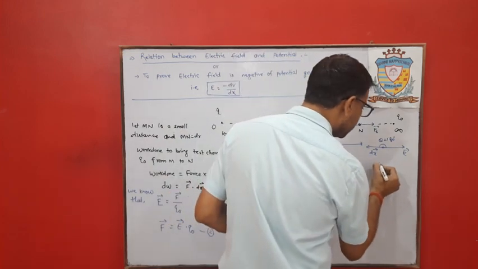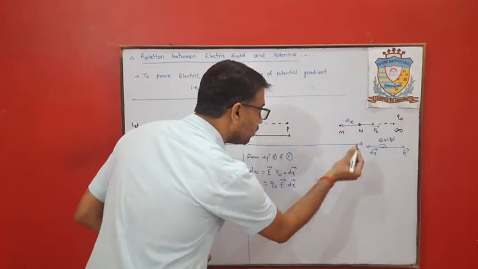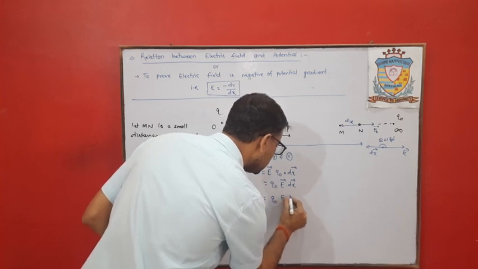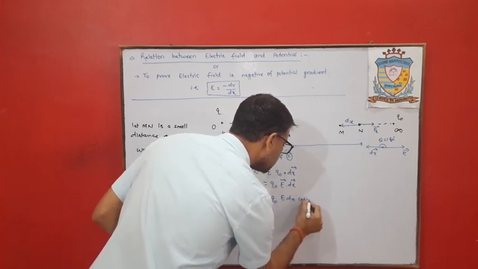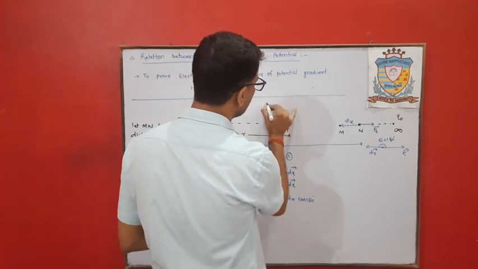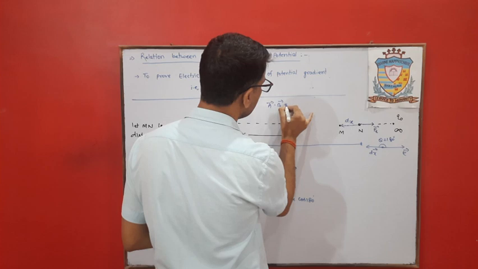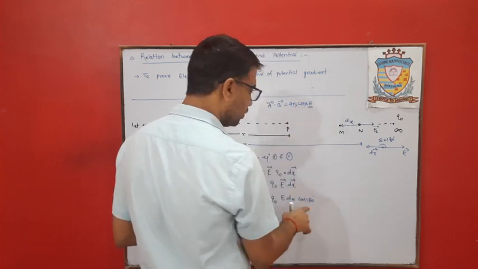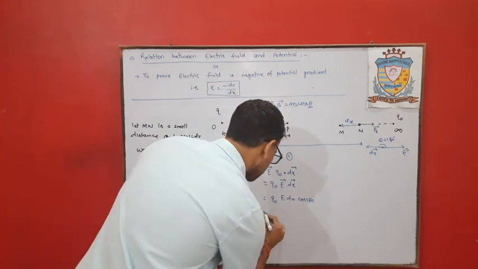It is Q naught E dx cos 180 degree, because we know that a dot b is equal to ab cos theta, and here the value of theta is 180 degree.